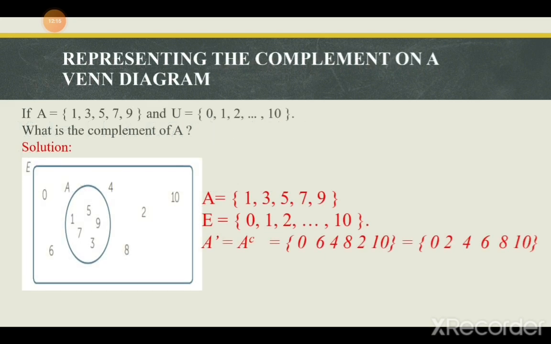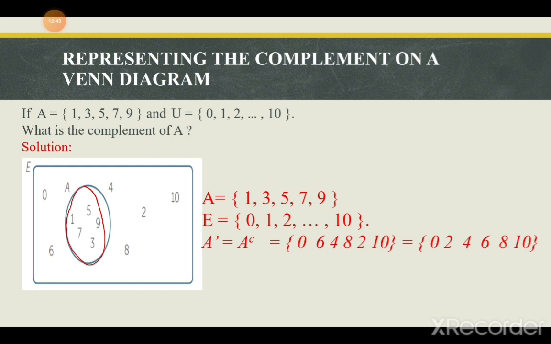So, mapapansin mo that if A is equal to 1, 3, 5, 7, 9, and U is equal to 0, 1, 2, until 10, so 1, 2, 3, 4, 5, 6, 7, 8, 9, 10, so what is the complement of A? Pag na-present mo, yung Venn diagram niya, mapapansin mo na yung nasa loob ng circle are all the elements of your A, which is equal to 1, 3, 5, 7, and 9.